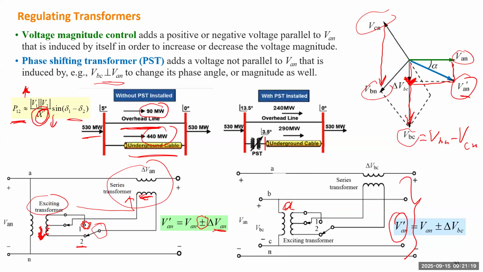So that will reduce the angle difference on the underground cable. So from these formulas, by reducing this angle, you can reduce this power flow. So eventually the real flow of the overhead line will be roughly the same as the flow of the underground cable. So that's an application of a phase shifting transformer.